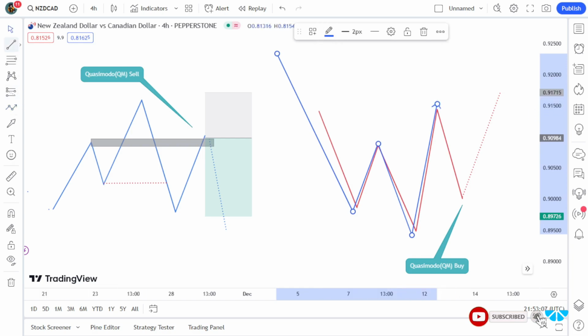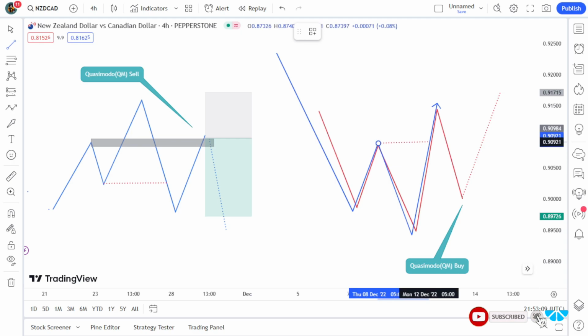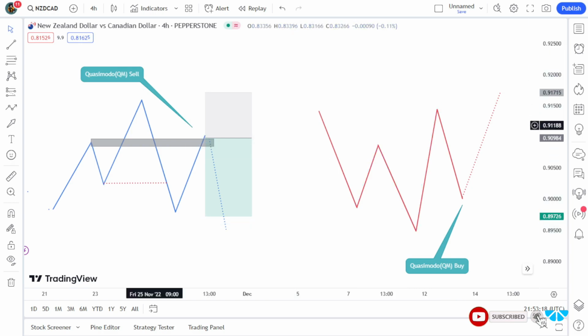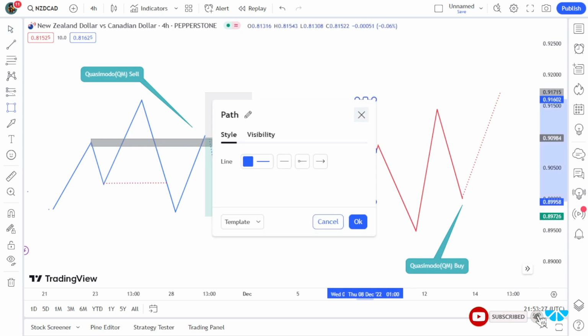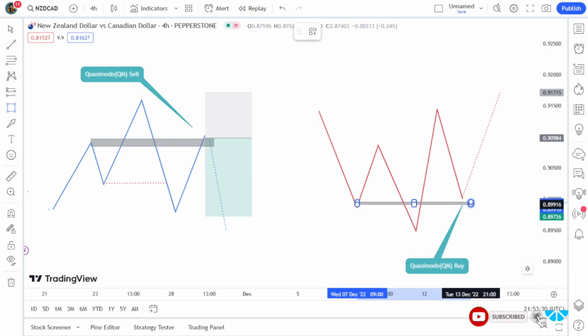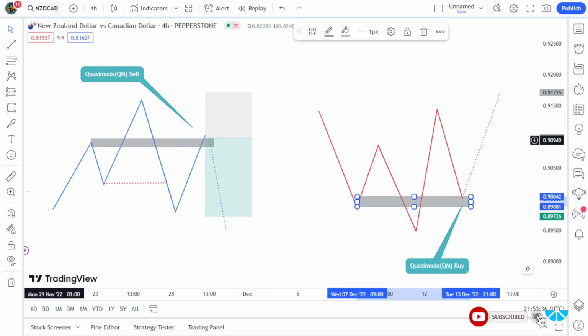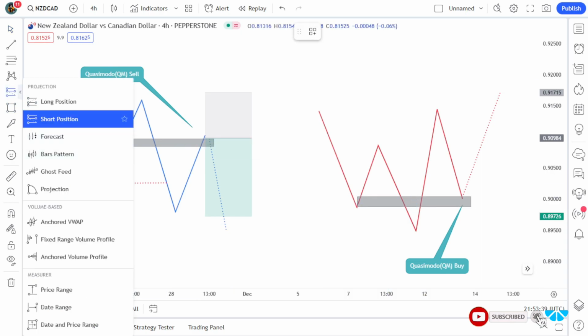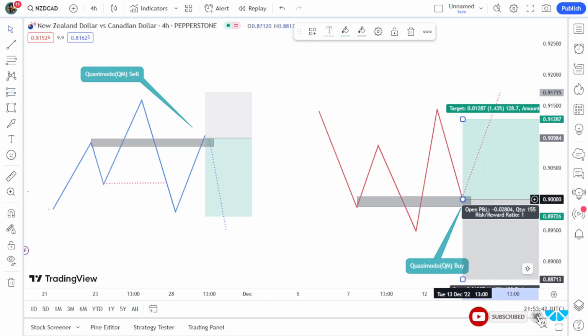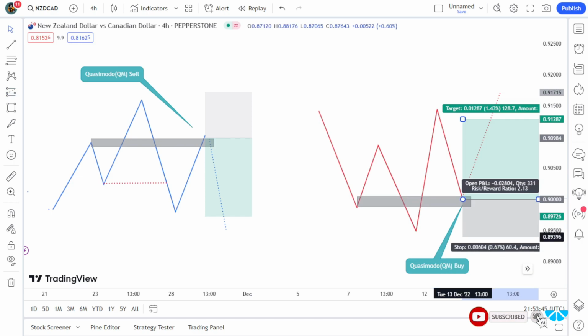Because structure was broken, and once the structure is broken, we know that our entry must be at the right hand corner of the second peak, rather, which is right here. Place our long positions right there. Our stop loss slightly below the middle peak.